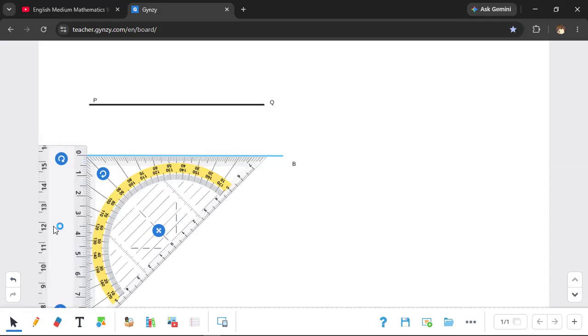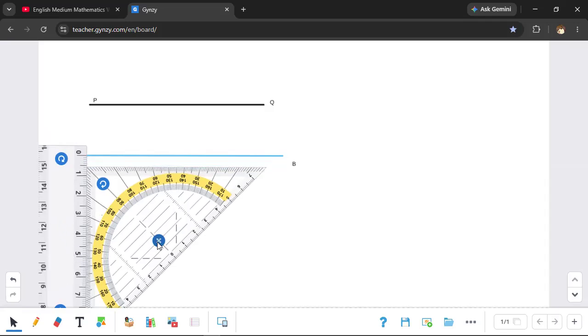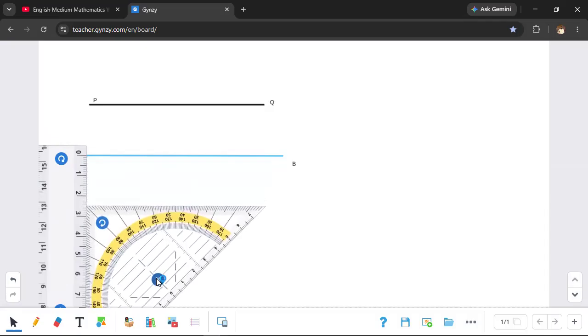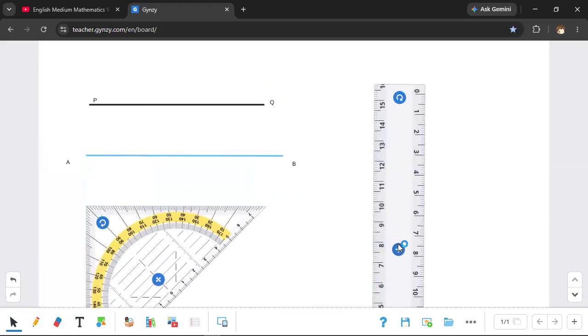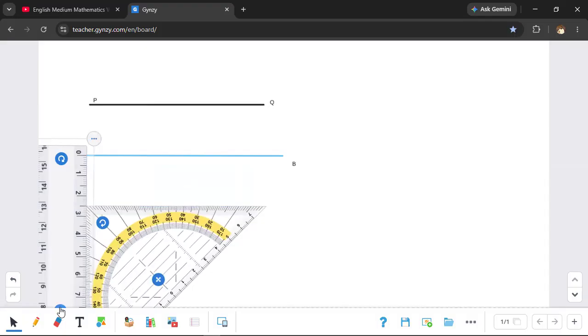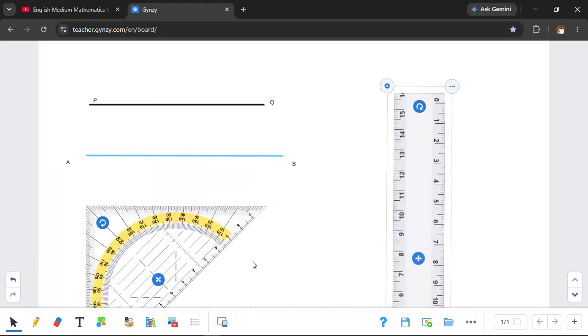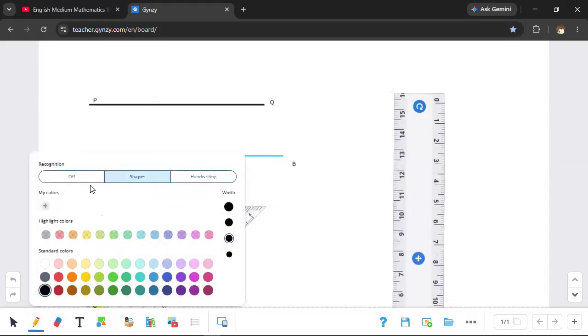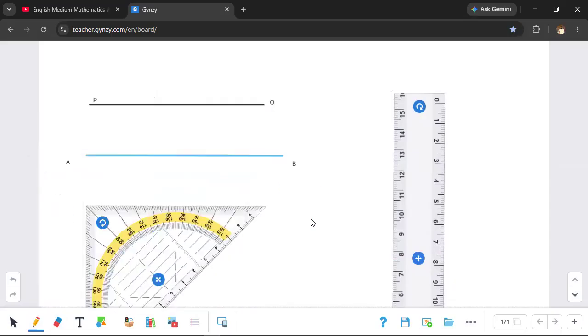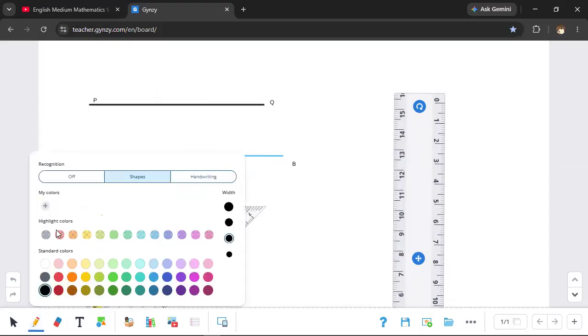And tightly hold your ruler from your left hand side and move your set ruler 2.5 centimeters down, right? Then remove your ruler, then take your pencil, right? And draw.